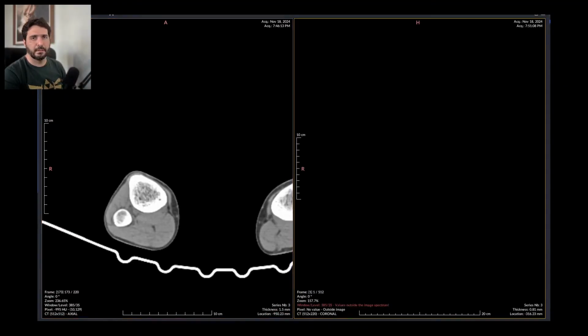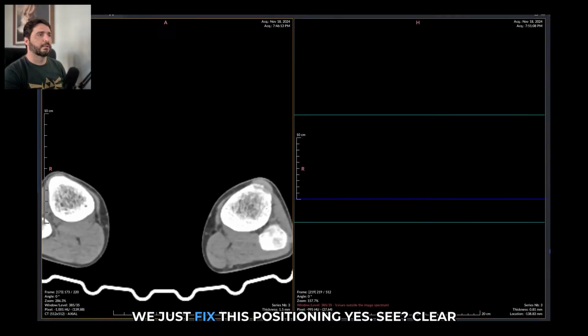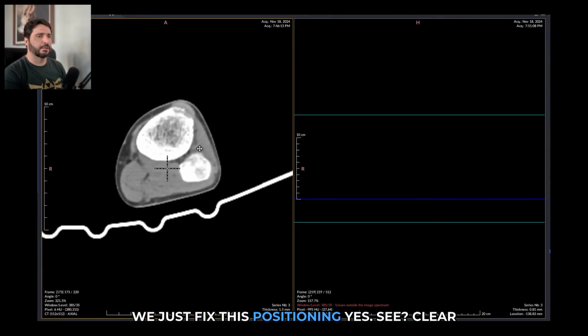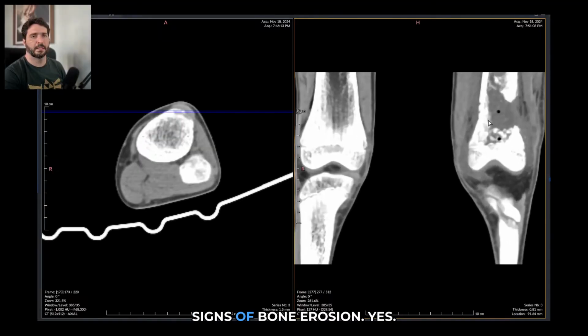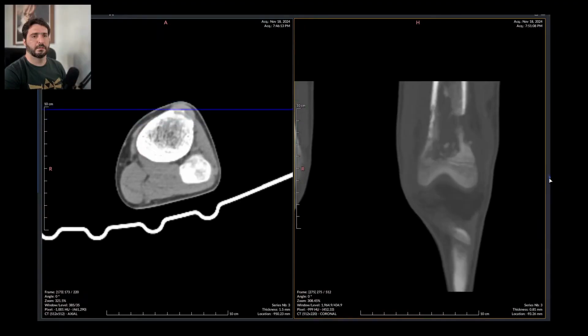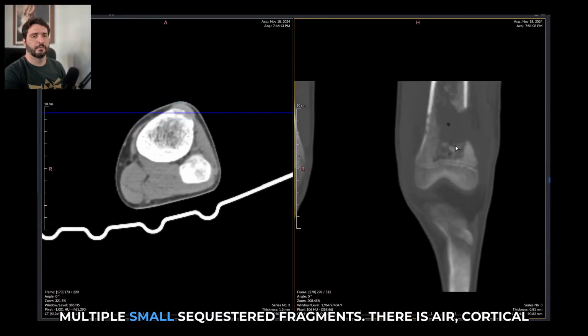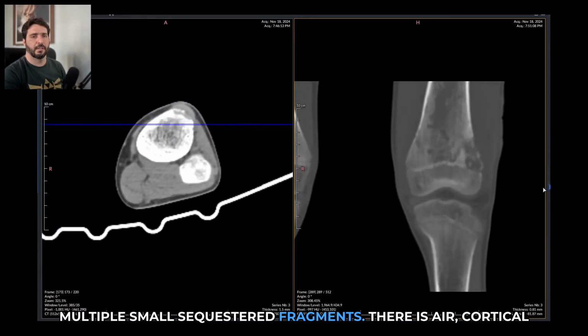And let's see, we just fix this positioning. Yes, see, clear signs of bone erosion. Yes, multiple small sequestered fragments.